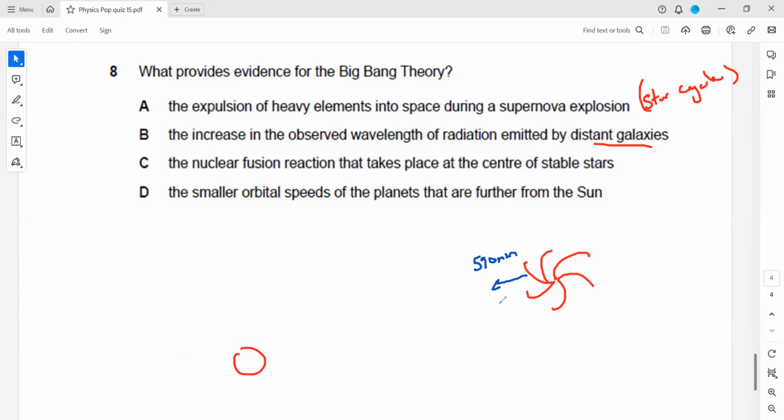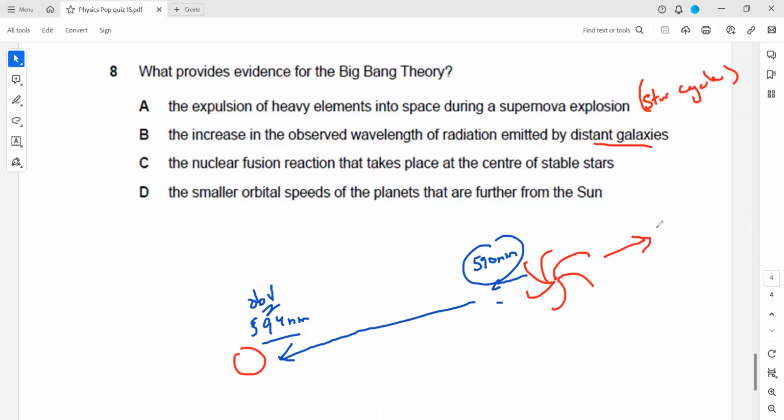But when we receive that radiation, it appears not to be 590, it might be 594. So the wavelength which is emitted and the wavelength which we observe appear to be different. This is called a red shift, and red shift is evidence that the galaxy is moving away from us.